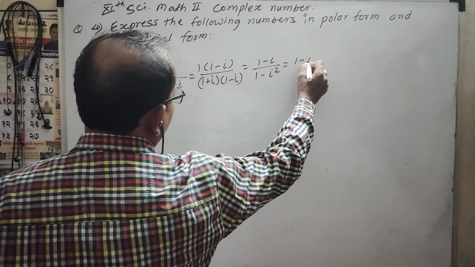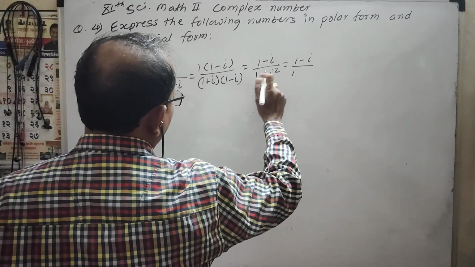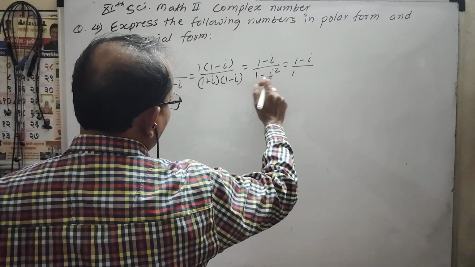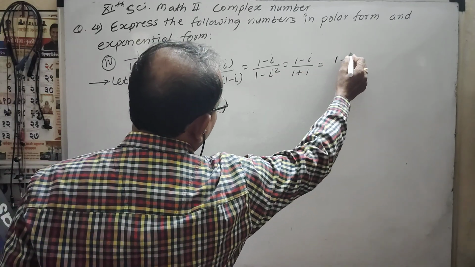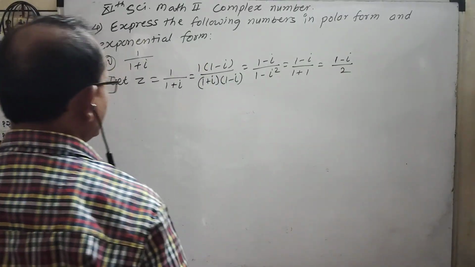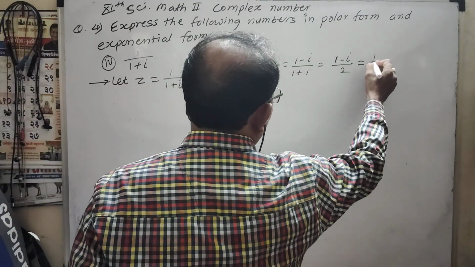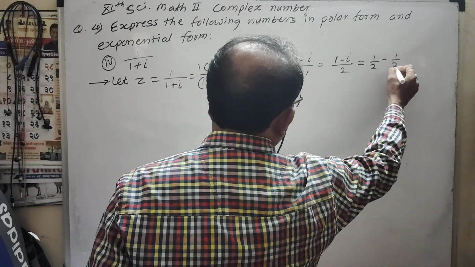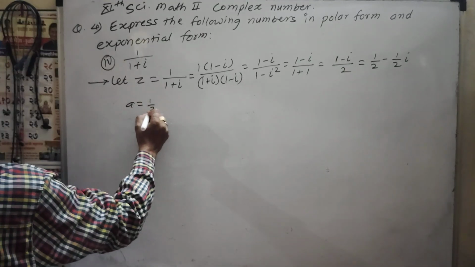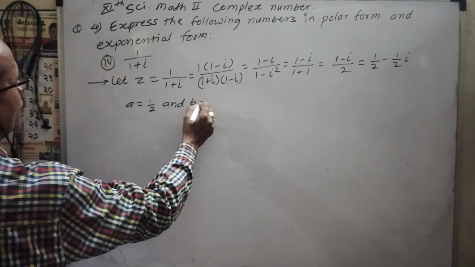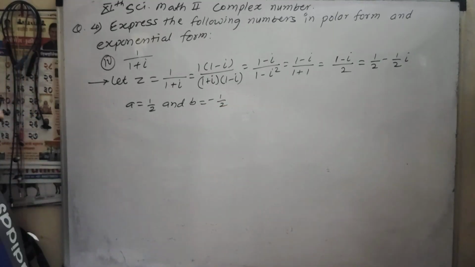It can be written as 1 minus i upon 1, i square is minus 1, minus of minus plus 1, which is 1 minus i upon 2. So z is equal to 1 by 2 minus 1 by 2 i. Here a is equal to 1 by 2 and b is equal to minus 1 by 2.